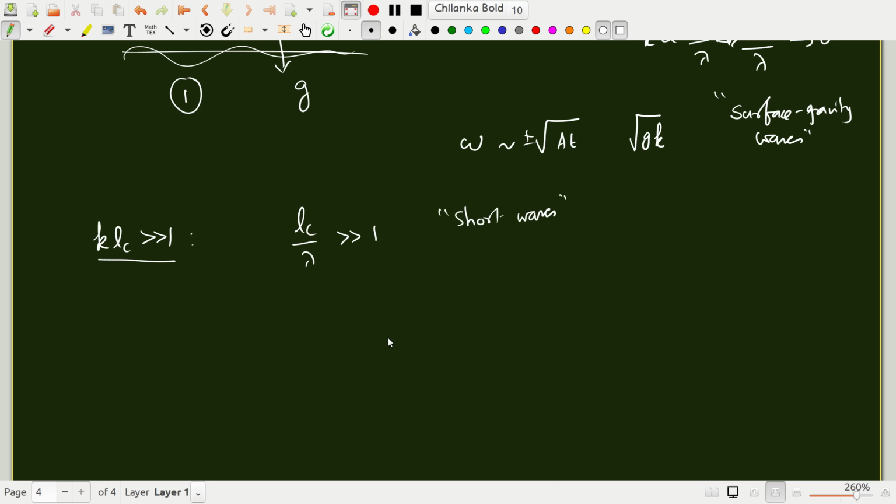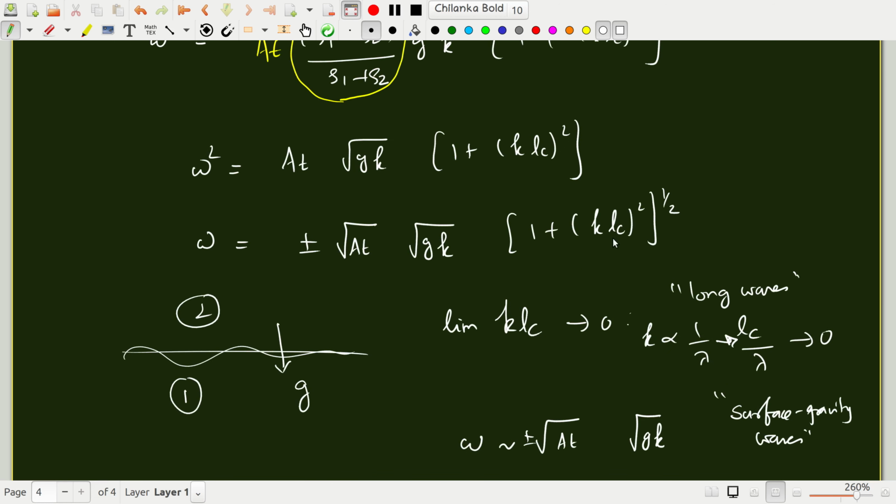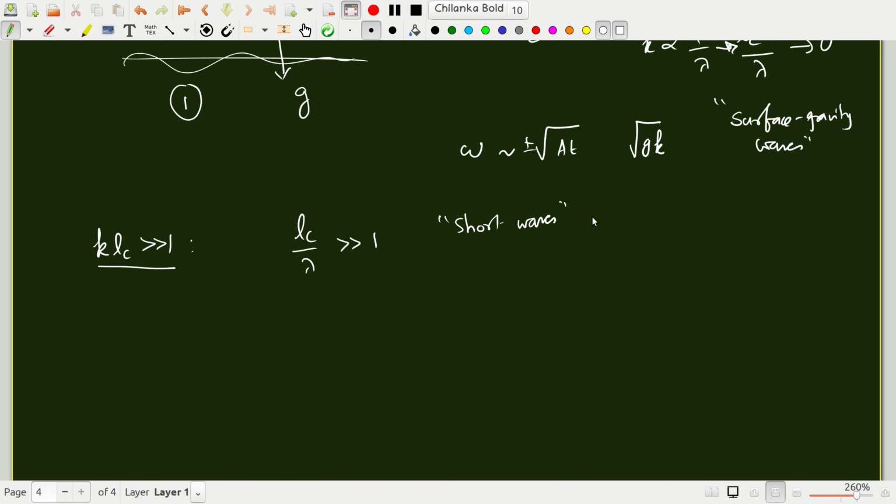If you look at this relation, this is sometimes called the dispersion relation. It tells you how the frequency changes as a function of wave number or wavelength. Now when k LC is large compared to 1, you neglect 1 compared to k LC, then you will get omega is plus or minus square root of Atwood number times square root of gk times k LC.